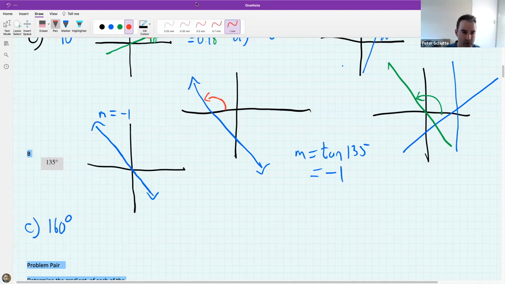And then we're going to move on from this because you guys have done well. So I'm saying now the angle of inclination is going to be even more bent over. So let's say it goes all the way to here. I know that this angle here is 160. I want to know what is the gradient of my red line.